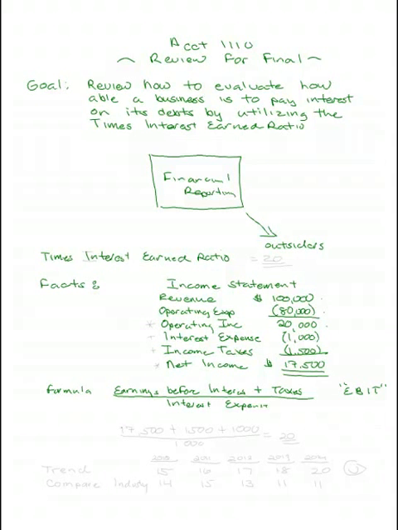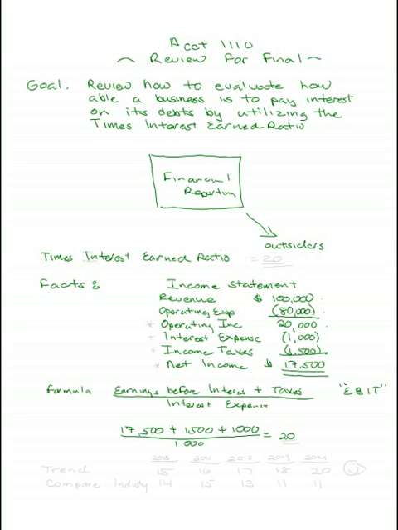So let's apply that to our income statement. Our earnings, or our net income, is $17,500, and we add back to that our income taxes, and we add back to that our interest expense. Or in other words, I have operating income in my numerator now, and I'm now dividing it by interest expense.